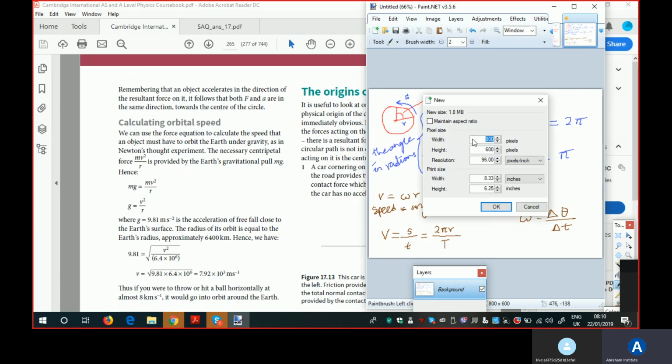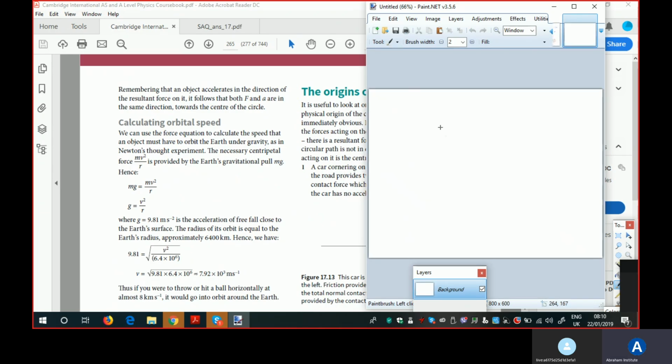Let's say we have a satellite orbiting the Earth. Okay, so this example is similar to that. So let's say this is the Earth, and then here let's say we have a satellite. All right, so the satellite is orbiting the Earth.